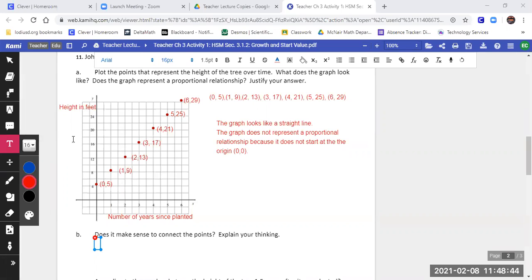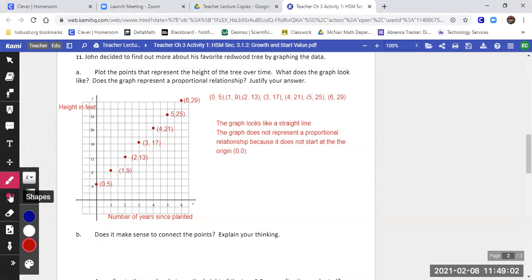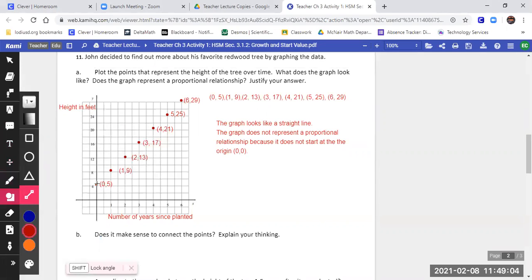If you can have 1.1, 1.2, 3.6, and it does make sense, like part of a foot, part of a year, then yes, connect. So yes, we can connect these because we can do part of a foot and we can do part of a year. Okay, let's go get our line. Remember, I click on the bottom one, pull it to the top one, our line.